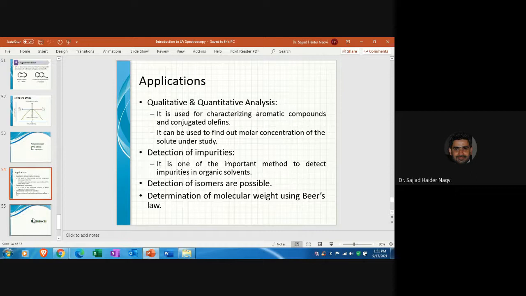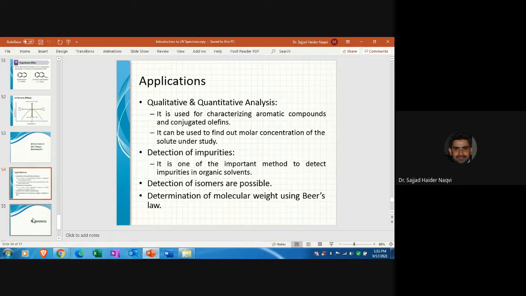Now, it is used for either characterizing the aromatic compounds and their conjugated olefins and their double bonds, or it can be used to find out the concentration. As I just mentioned, in 411 and 412 you have determined the molar concentration, glucose, concentration of proteins, and cholesterol, and so on and so forth. So this is both qualitative and quantitative use of the technique.